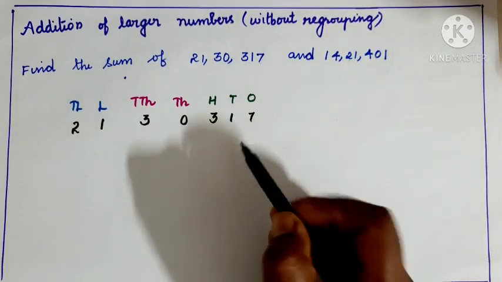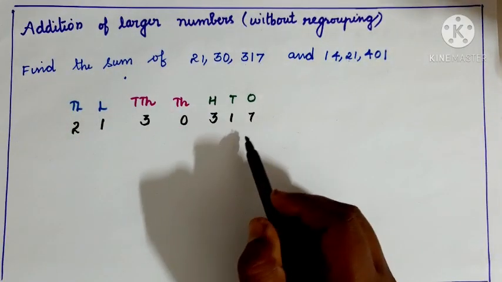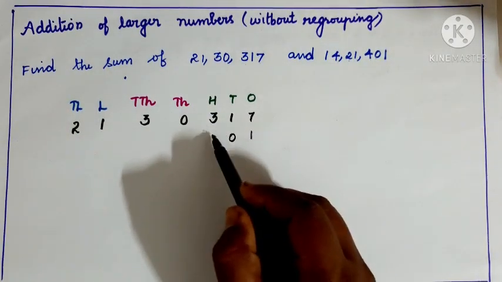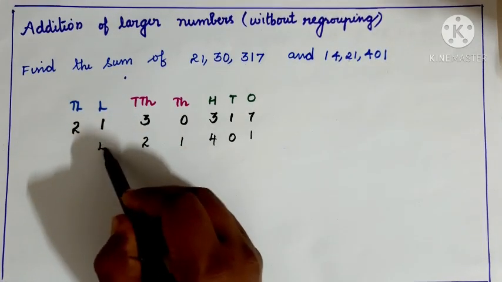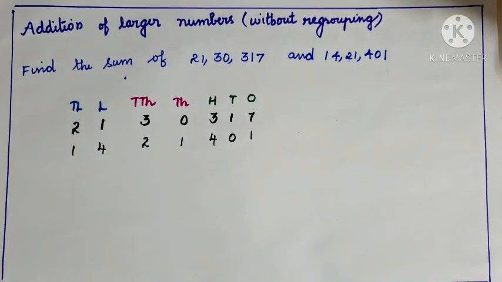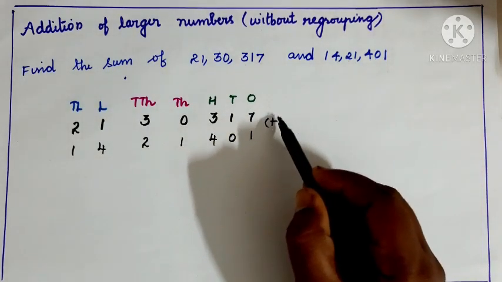Then the next number you are going to start. That also you have to start only with the ones digit. So 1, 0, 4, 1, 2, 4, 1. Okay. Now we are going to add.